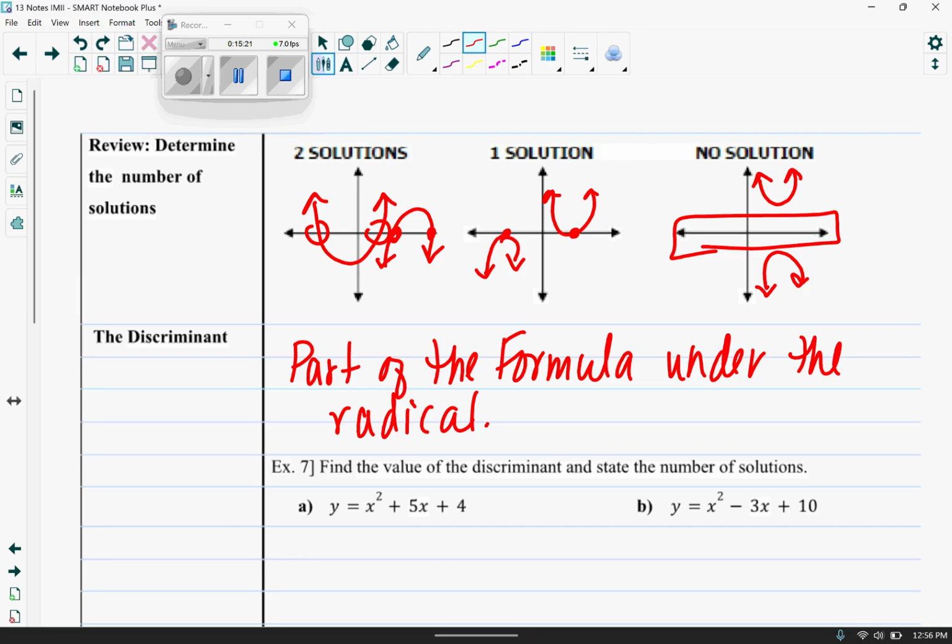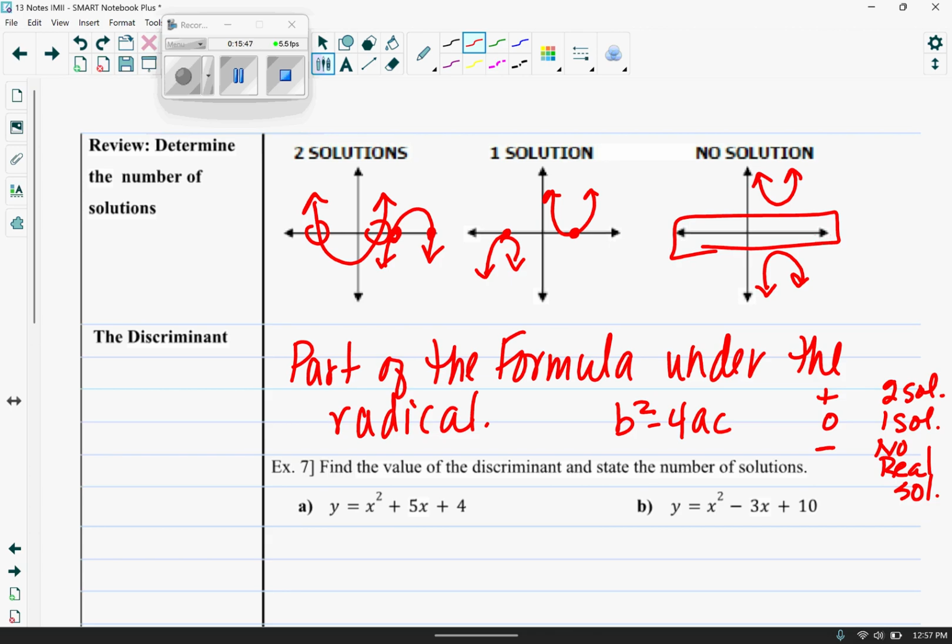So just the b squared minus 4ac. Now with that being said, if that portion is positive in the end, there's two solutions. If it's a 0, there's one solution. And if it's negative, there are no real solutions.